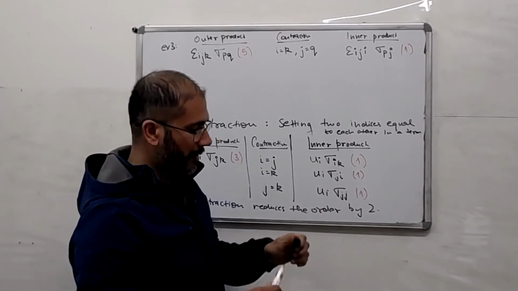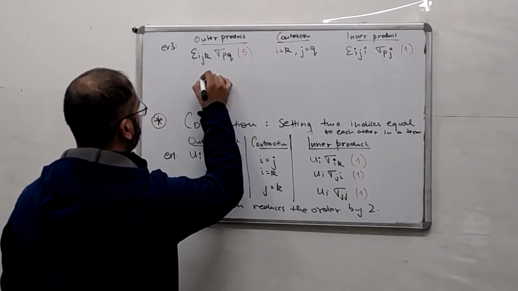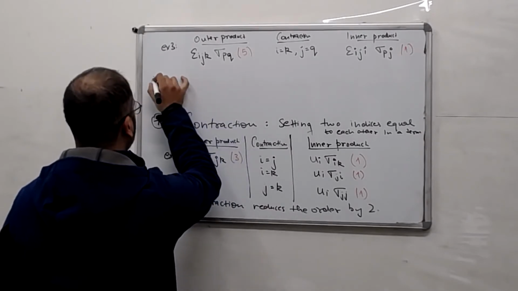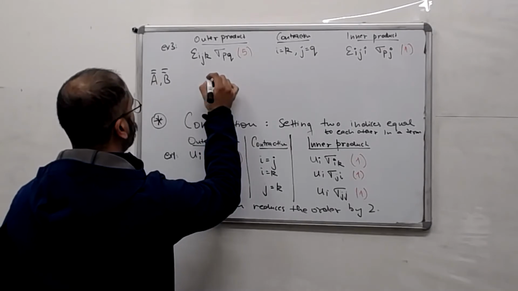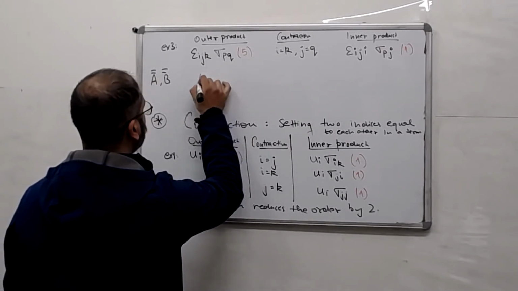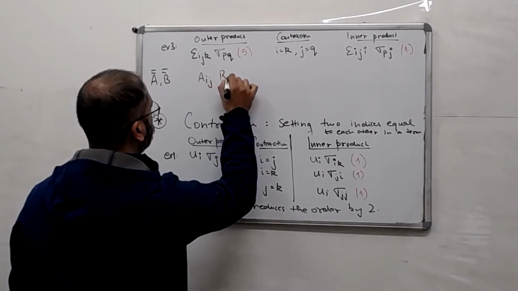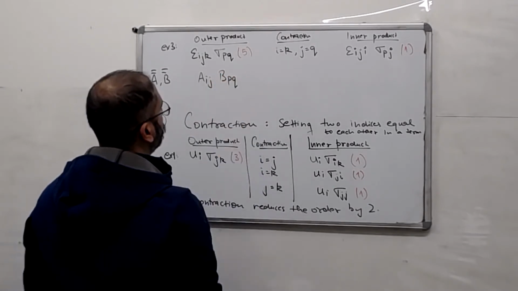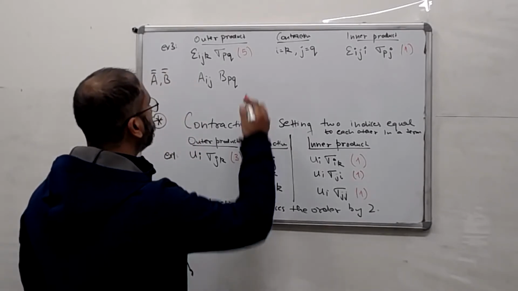So the other example that we had taken earlier, let's do them. So you have a tensor A and a tensor B. Remember, let's take the outer product of these. A ij B pq. So that's the outer product, and it has an order of 4.